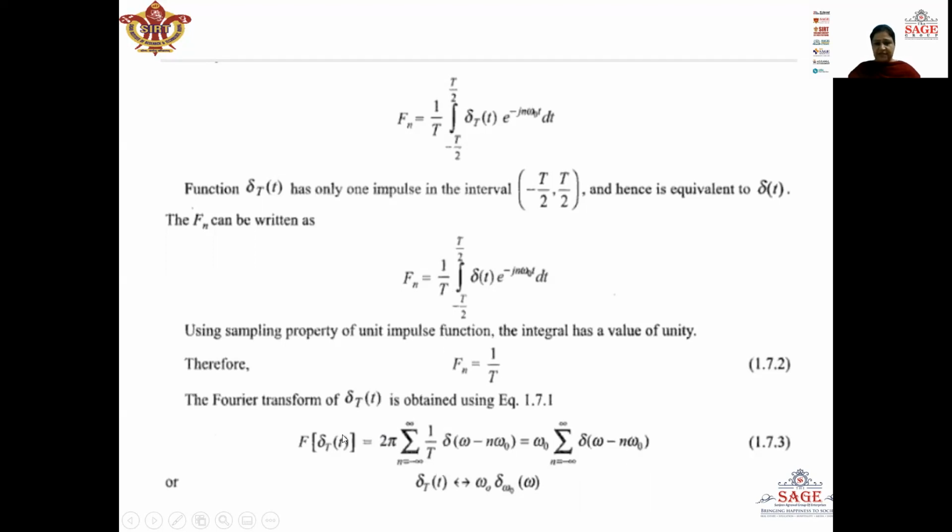Here we can see that the Fourier transform of a train of impulses is again a train of impulses, with spacing omega naught. So the Fourier transform of a train of impulses is always a train of impulses. This train of impulses is known as the Dirac comb function. So the Fourier transform of a Dirac comb function is always a Dirac comb function.